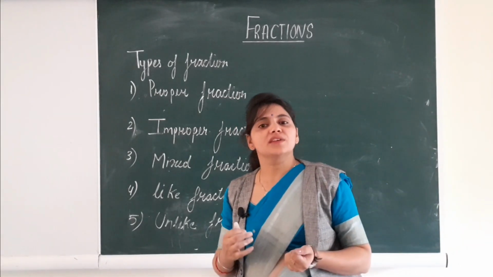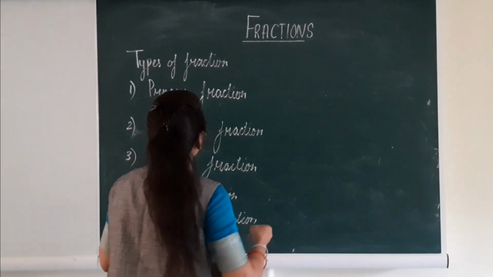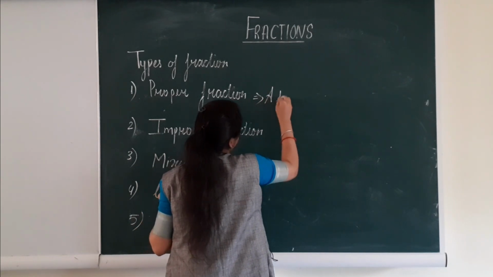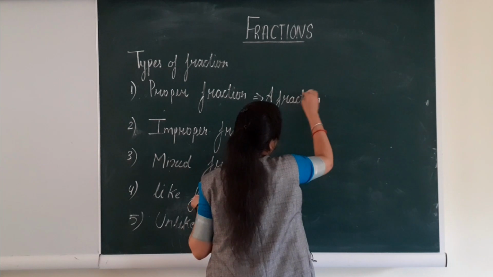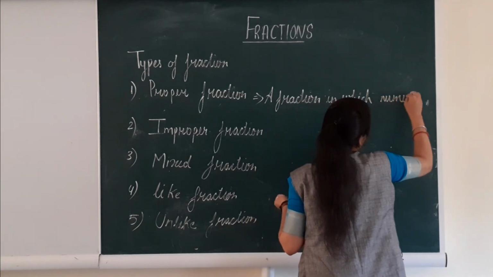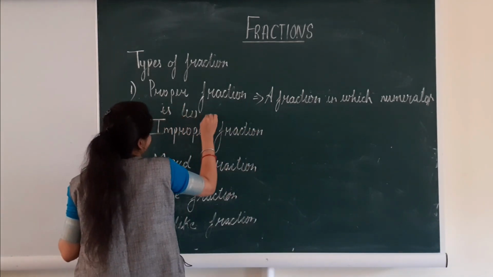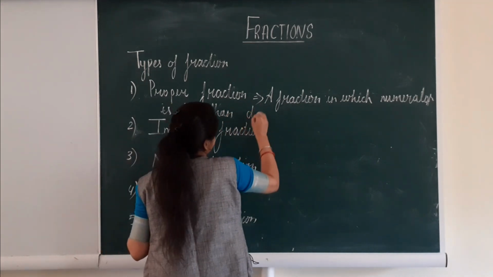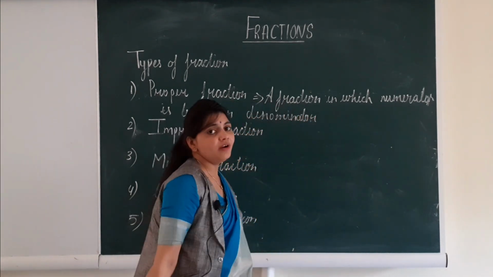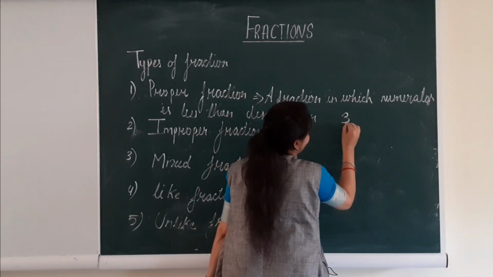A proper fraction is a fraction in which the numerator is less than the denominator. Take one example: 3 by 5.